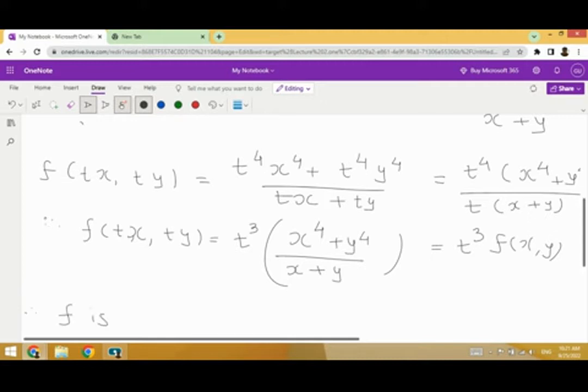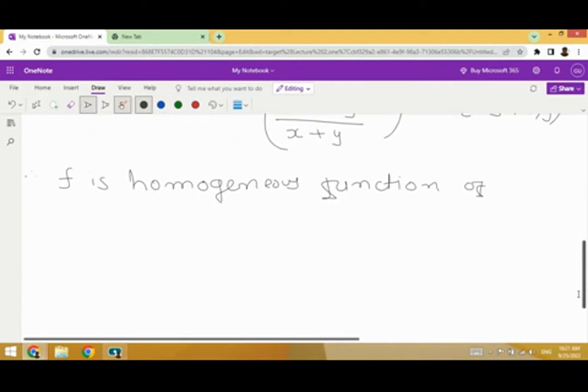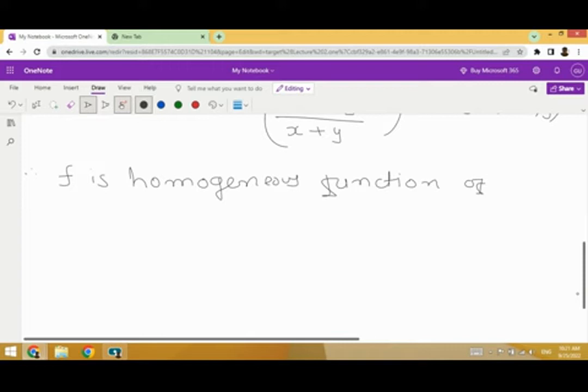Therefore, f is a homogeneous function of degree 3. In this way we can show that f is a homogeneous function of degree 3.